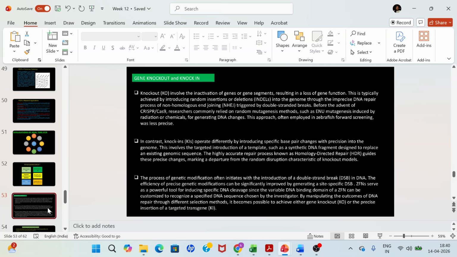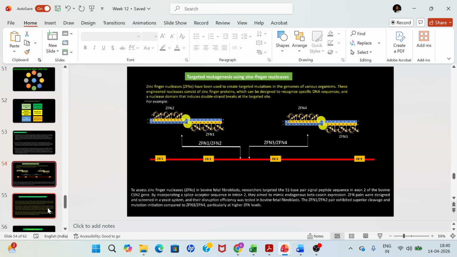So knockout is basically the inactivation of gene or gene segment, while the knock-in operates differently by introducing specific base pair changes with precision into the genome. This involves a targeted introduction of the template, क्योंकि यहाँ पे हम लोग नॉक इन कर रहे हैं, बेसिकली एक नई जीन को डाल रहे हैं. And that gene will be amplified in the organism and then that can be expressed according to our requirement.